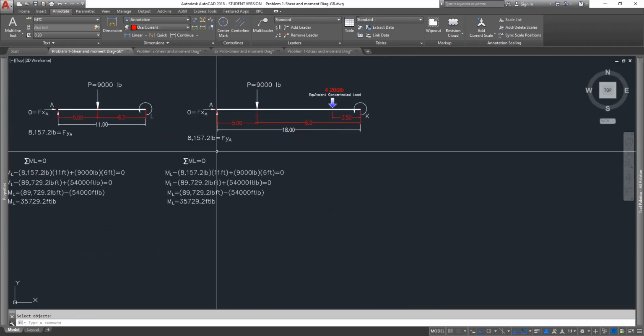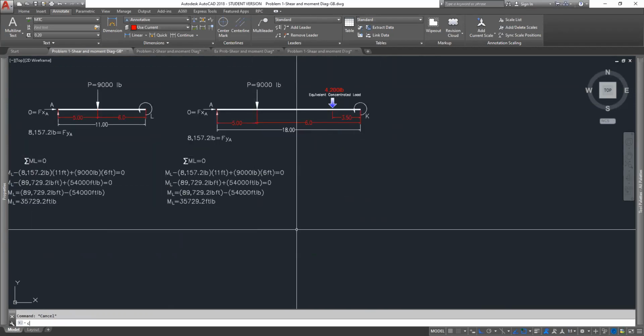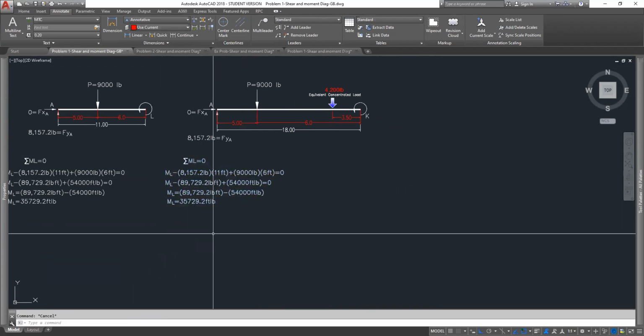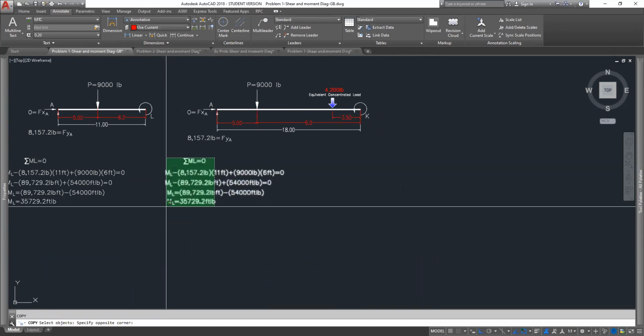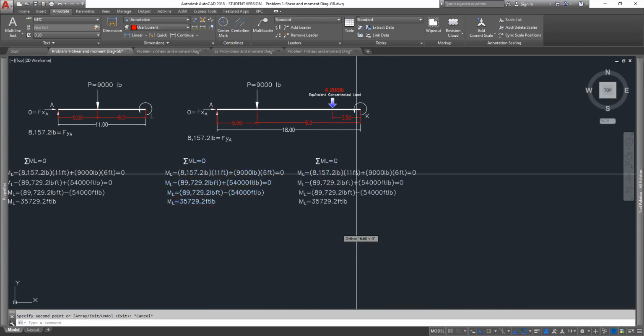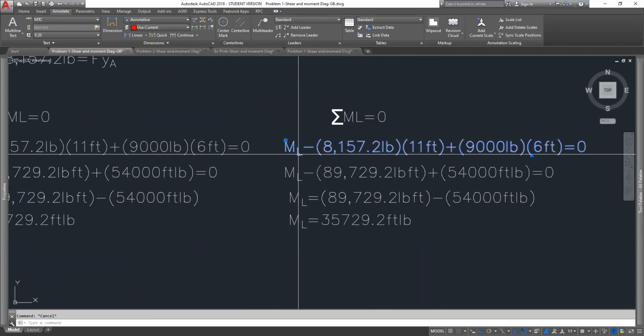Okay, so let's do the equation again. This time we need the summation of moments around K, so this will become MK.